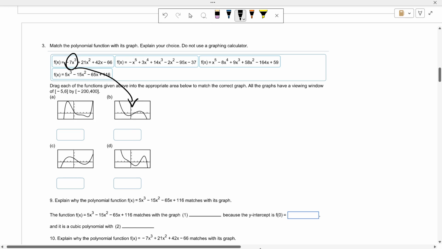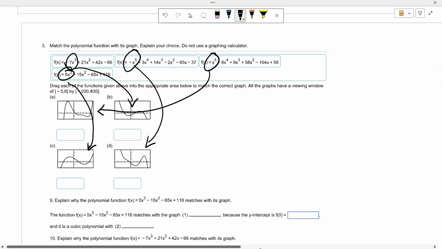A fifth has an extra hump in it versus a third power. Odd power going to end down. Okay. Fifth power ending up is this one. Third power ending up is this one. See how there's fewer humps in this versus this and this? The higher the power, the more humps you'll have in it.